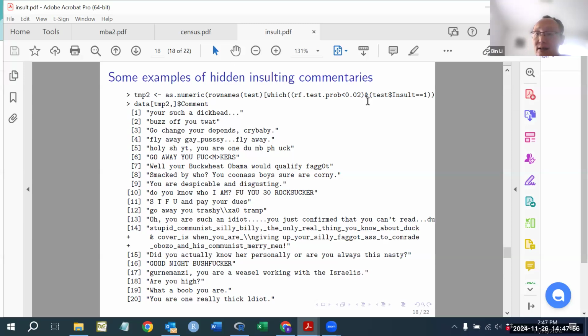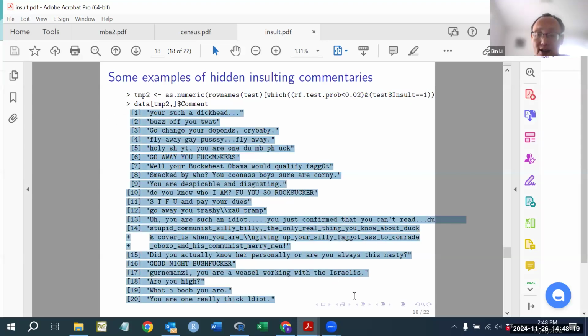Similarly, I'm trying to find those mistakes where, from the random forest eye, the chance of being insulting is less than 2%. That means we are almost certain this is non-insulting, but actually it's insulting. I found these 20 examples where the random forest classifier made mistakes.